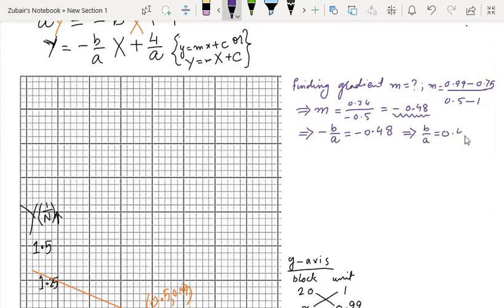Now we come towards the y-intercept. What is the y-intercept? c upon a. So how can we find the y-intercept?